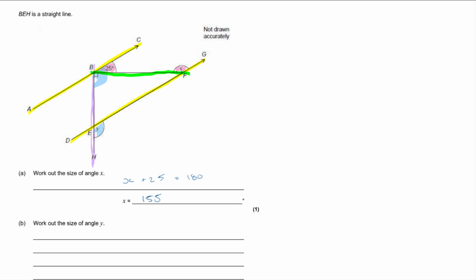They're corresponding angles. So Y must be equal to 25 plus 90 because they correspond to that big angle there, those two things combined together. So 25 and 90 make 115. So Y must be equal to 115 degrees in this case.